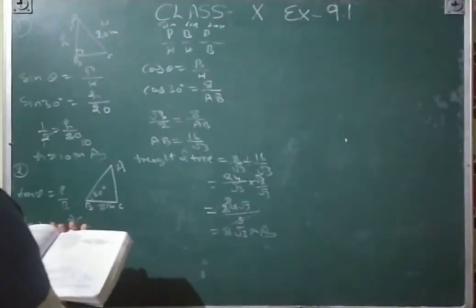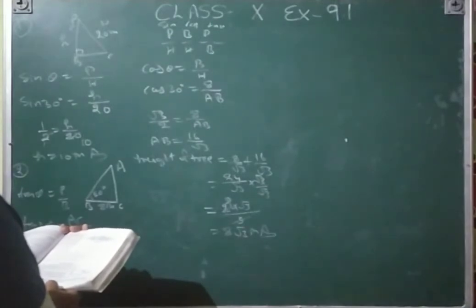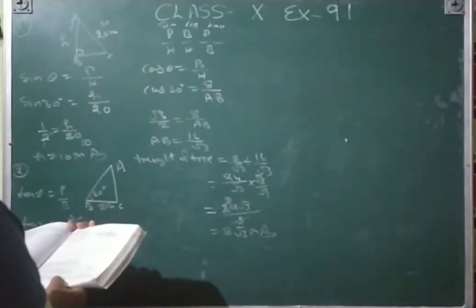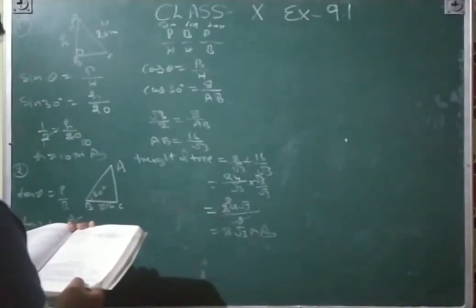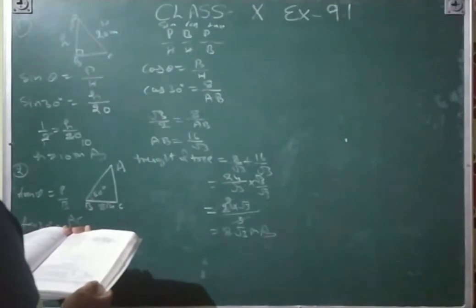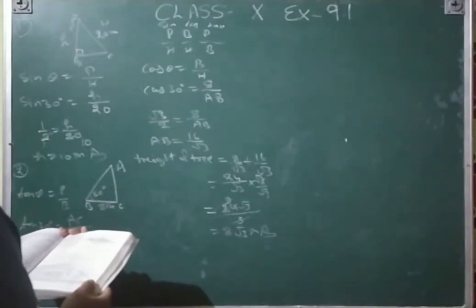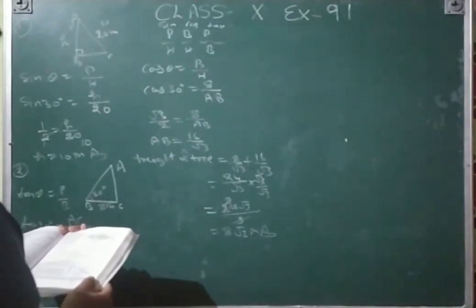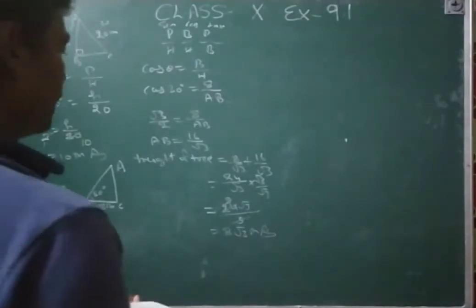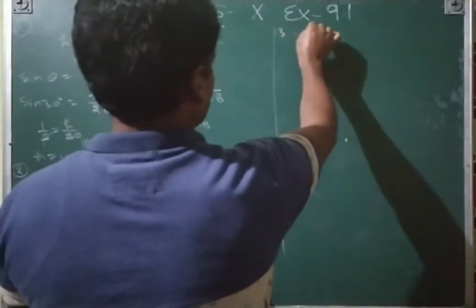And then a contractor plans to install 2 slides for the children to play in a park. For the children below age 5 years, she prepared to have a slide whose top is at a height of 1.5 meter. That is the third question.